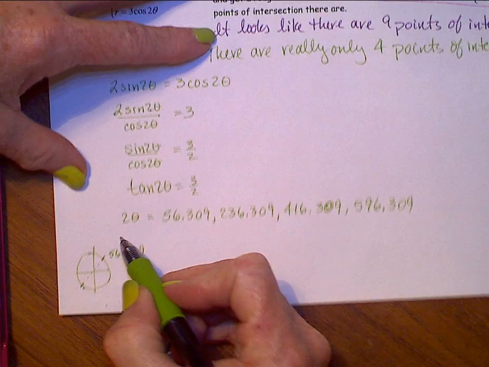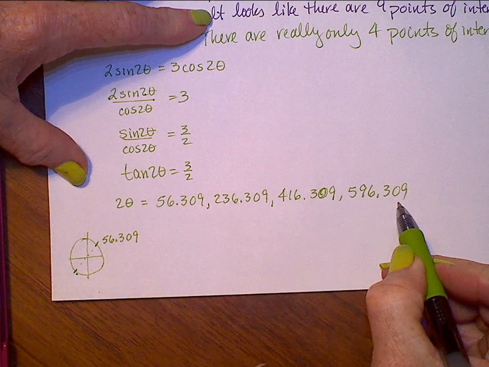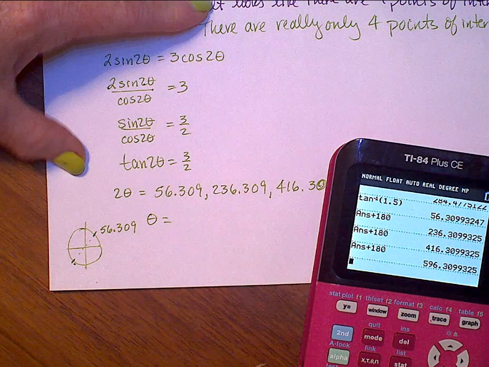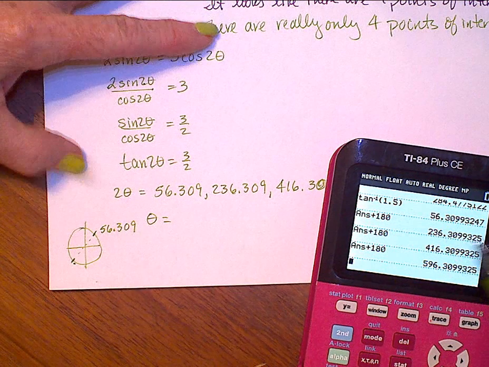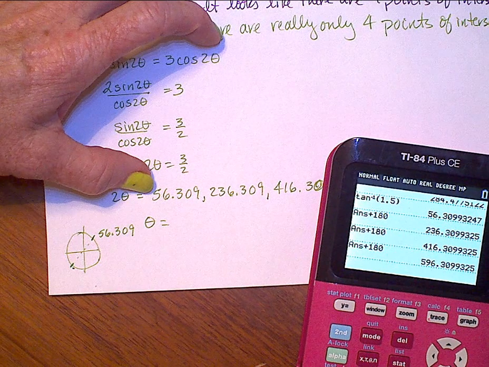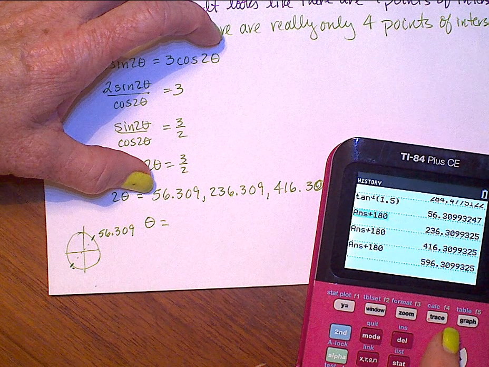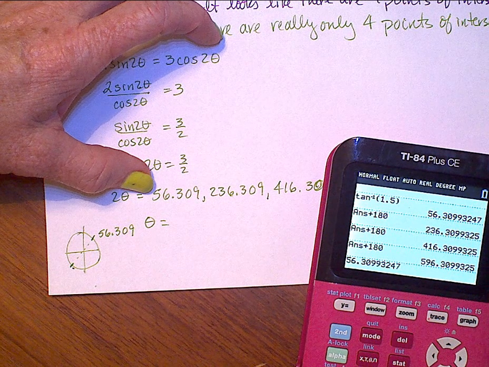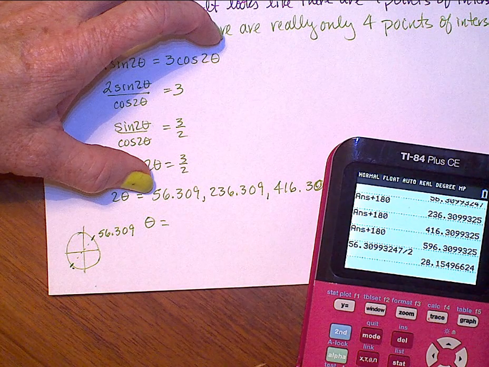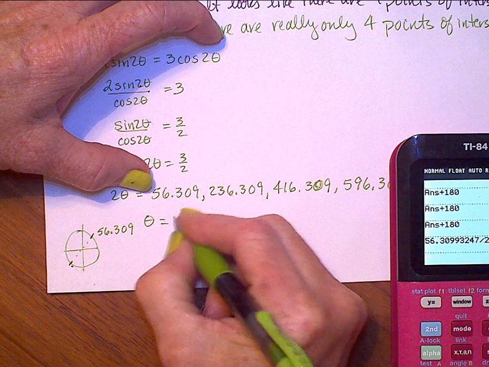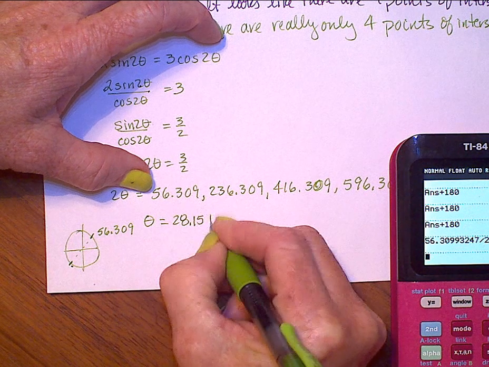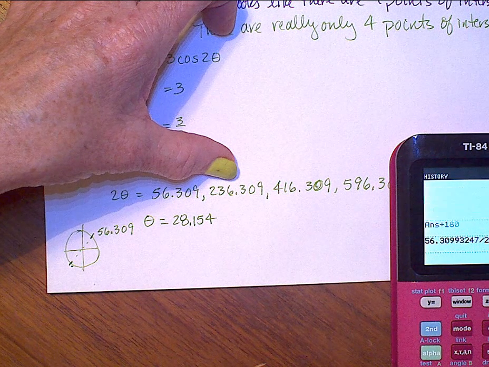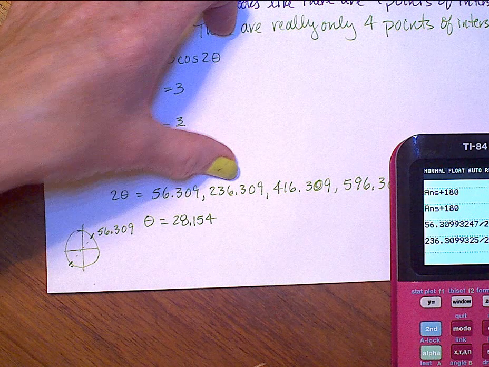So we're going to have to divide each of those by 2. If you recognize that way back in the beginning, as soon as you generated that 56.309, you could have divided it by 2. And 56.309 divided by 2 is 28.154. Okay, 236.309, divide that by 2, 118.154.